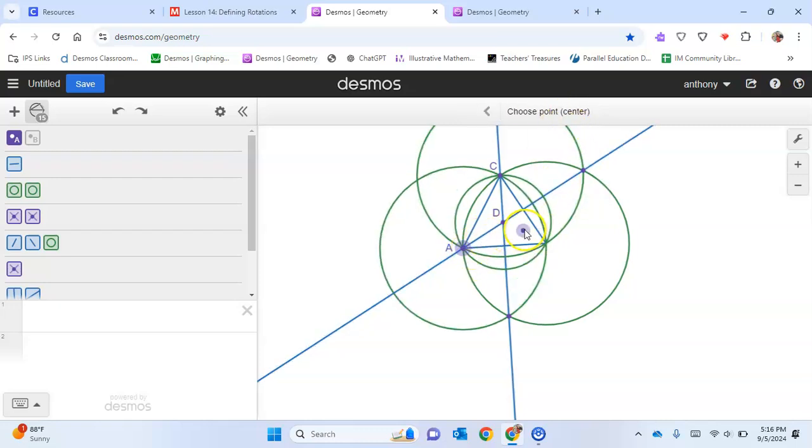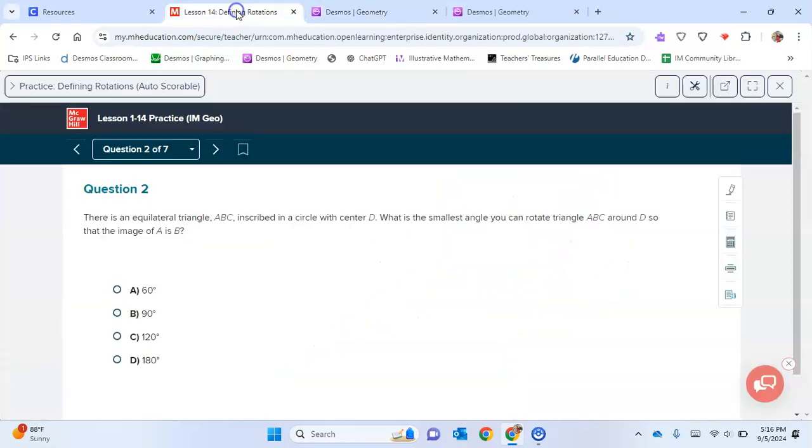The center point is D, the point we just created, and the angle, so counterclockwise, is positive 120 degrees. And you can see A went on to B. That's A prime now. So it was 120 degrees.